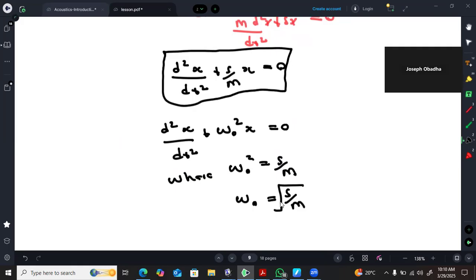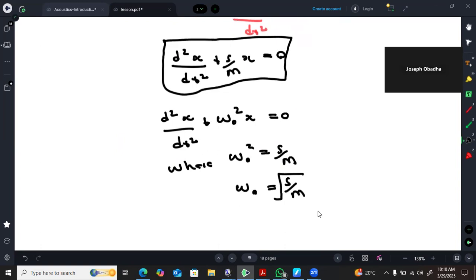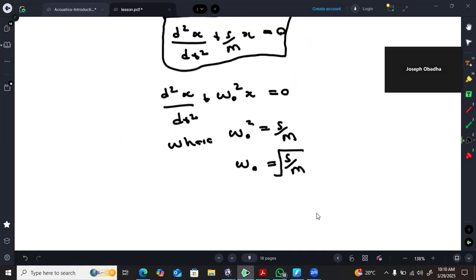So the solution to this equation would actually be in the form of X is equal to C1, some constant, e to the j omega naught t, plus C2 e to the minus j omega naught t.